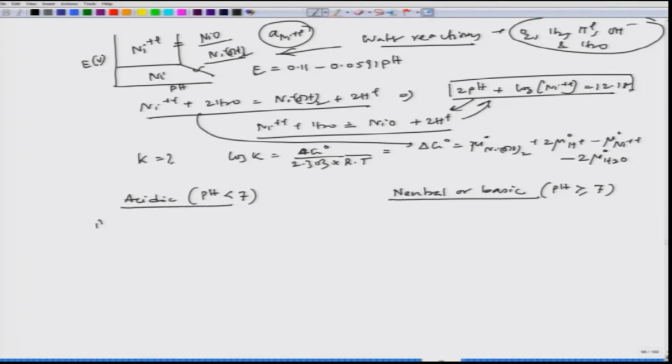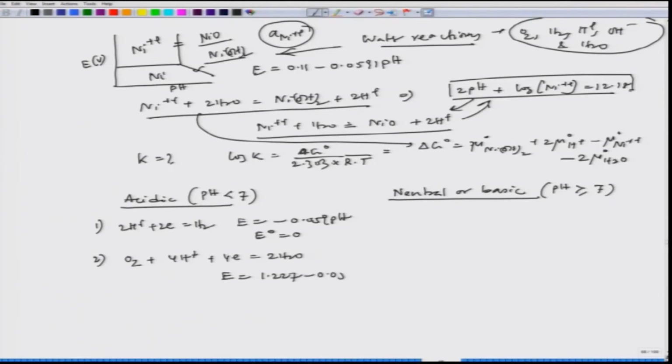One is 2H plus plus 2e equal to H2, where the equation would be E equal to minus 0.059 pH, where E0 equal to 0. The other is O2 plus 4H plus plus 4e equal to 2H2O, and here you see that only H plus ions are involved. So, there E equal to 1.227 minus 0.059 pH.